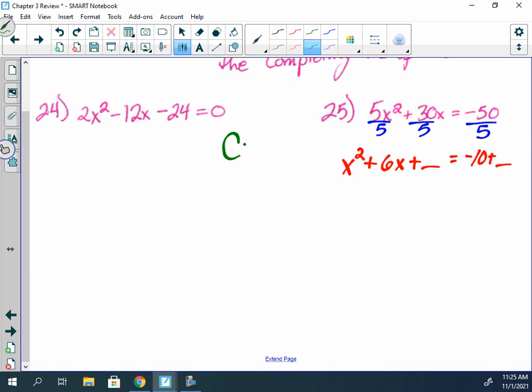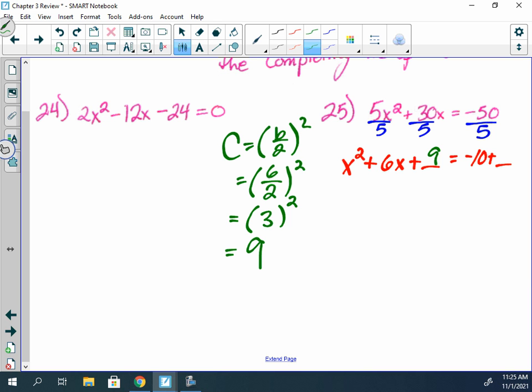Now again, c is b over 2 squared. And the value of b here is 6, and 6 divided by 2 is 3, and 3 squared is 9. So we have 9 and 9.